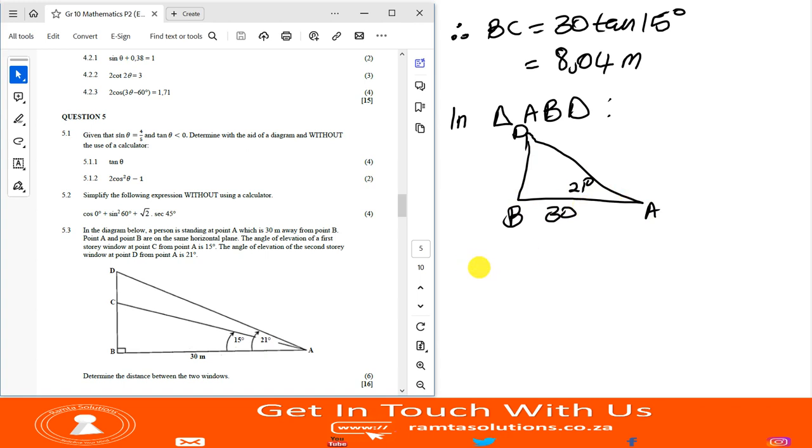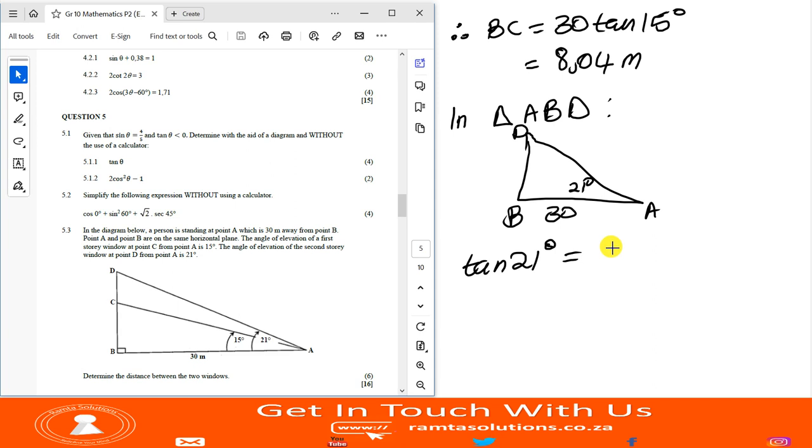Again, we are going to use tangent. So tan 21 degrees is equal to AB over BD, right? Is that okay, guys? It's not.